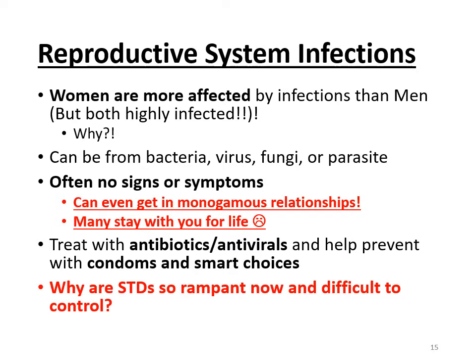Okay. Now, first off, I want to mention that women are more affected by infections than men, but even though we say they're more affected, both genders still have a ton of infection rates. It's getting very, very high and out of control nowadays, unfortunately. Now, the reason why women tend to be more affected is because the vaginal lining is thinner and more delicate than the male reproductive system.